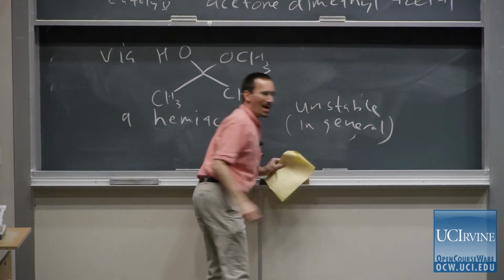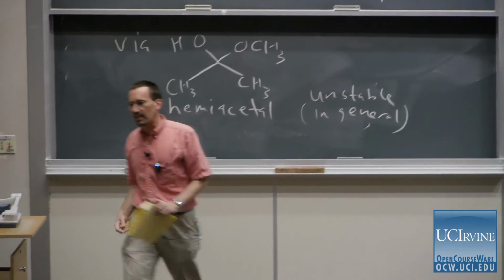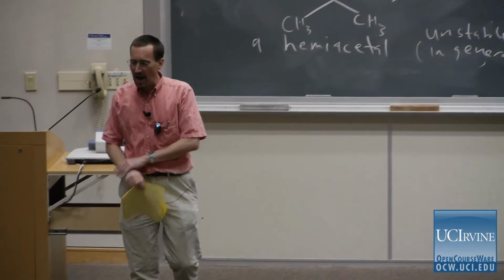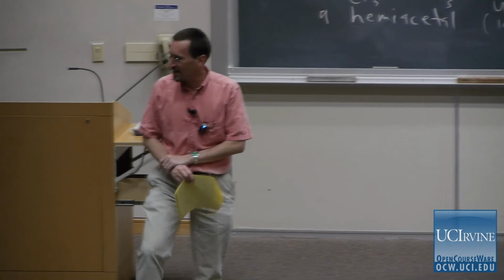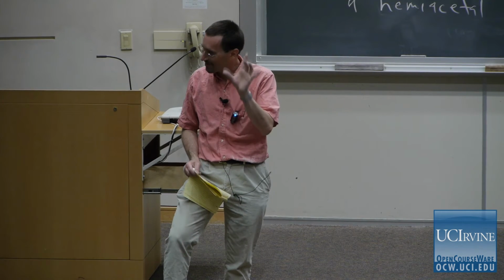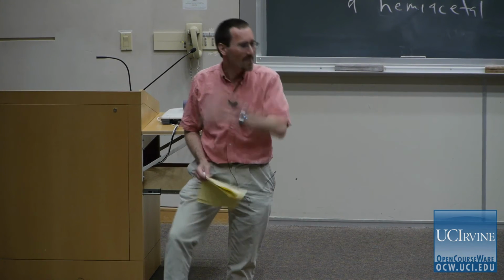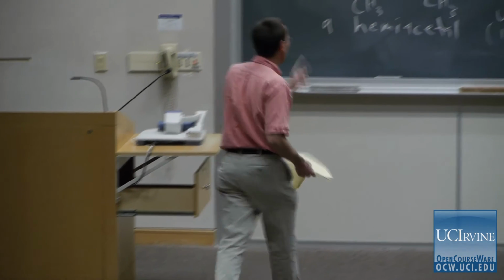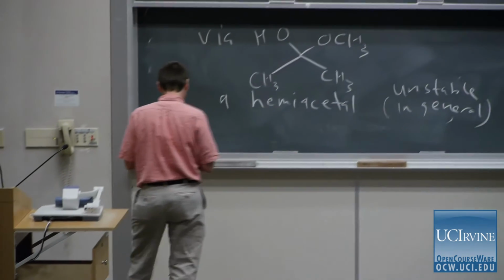And I'm going to say right now that at the end of today's lecture, and perhaps even in your backpacks right now, we will see stable hemiacetals, so circumstances can make a special condition. And we're going to see how this reaction goes.